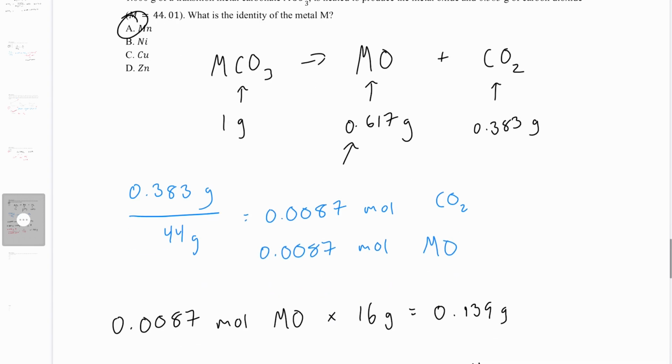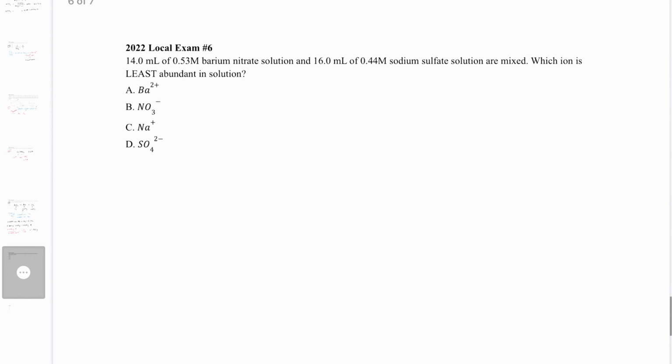Let's go to our last question, question 6. 14 mL of 0.53 molar barium nitrate solution and 16 mL of 0.44 molar sodium sulfate solution are mixed. Which ions are least abundant in solution? Okay, so we have barium nitrate. Barium nitrate is Ba(NO3)2. So once that dissociates, you're going to have 1 barium ion and 2 nitrate ions.